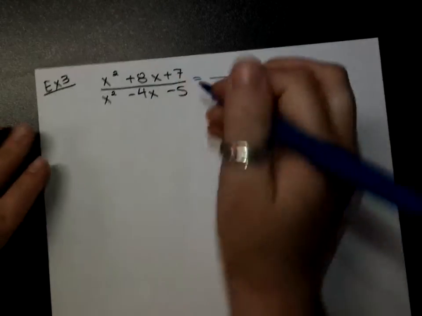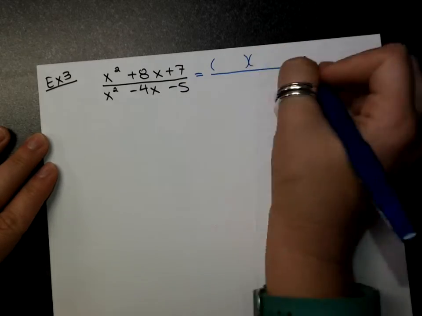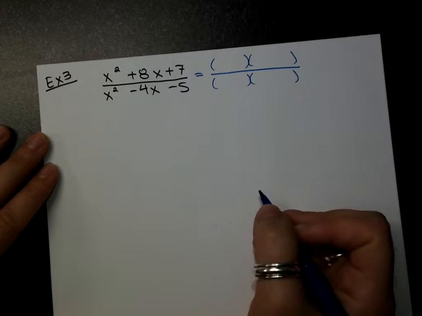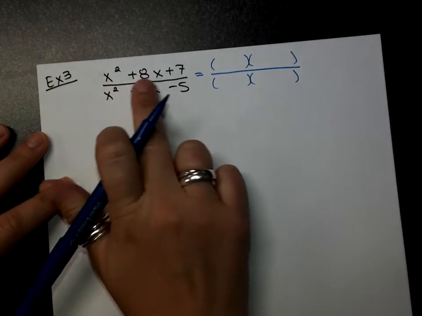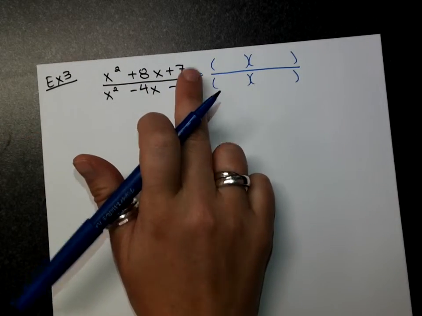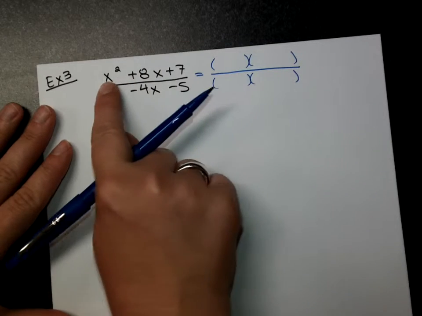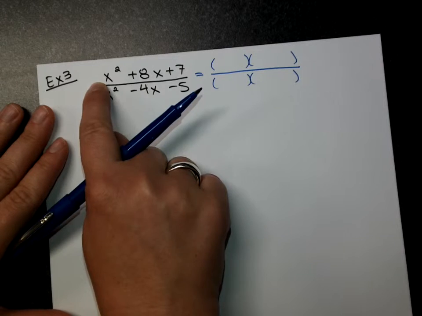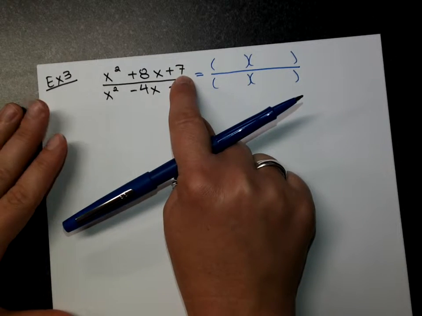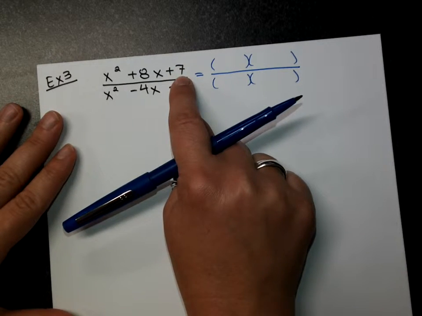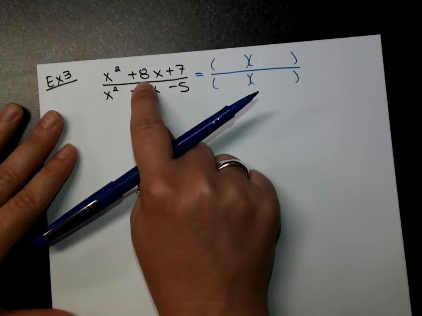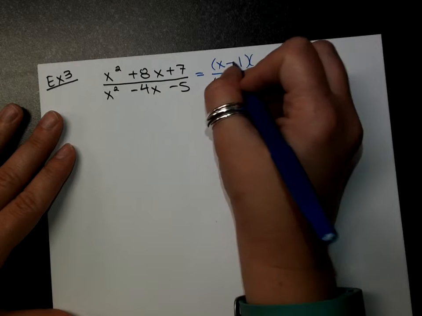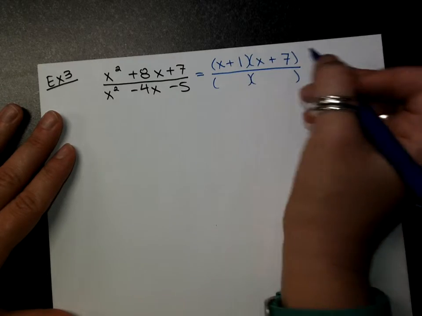We're going to try to factor those trinomials into back-to-back binomials, just like we learned in chapter 6. First thing we do is look for a GCF between all three terms, and I do not see one. We notice that the leading coefficient is 1, which makes this very easy to factor. You don't have to write anything down but the answer. You're going to think of two numbers that multiply to positive 7 and add to positive 8, which is 1 and 7. So your answers are x plus 1, x plus 7.